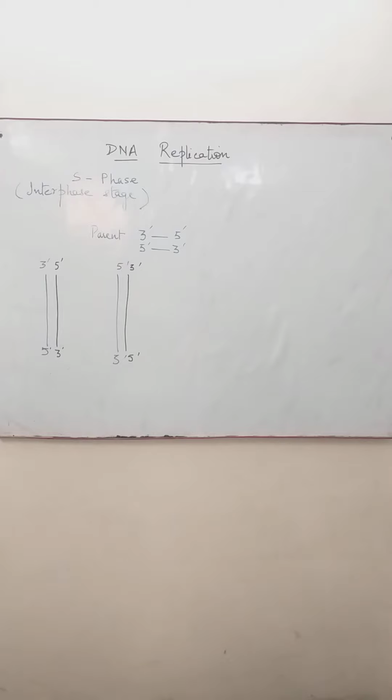Now the bases in the old strand will automatically decide the complementary strands which are formed new. Obviously, because A will always pair with T, that is adenine will pair with thymine, and the guanine with cytosine. So if over here it is A, then automatically the new complementary strand will have the T as the pairing partner.